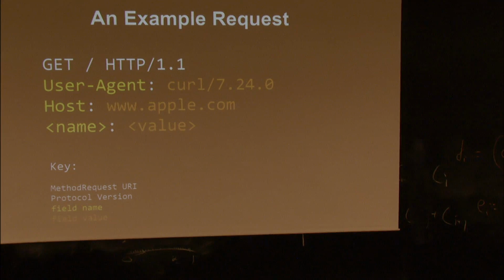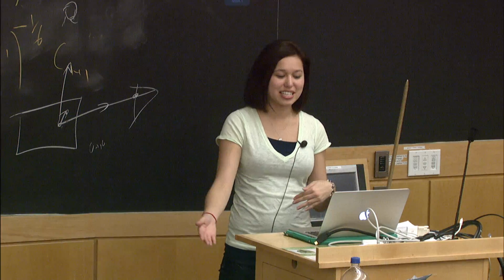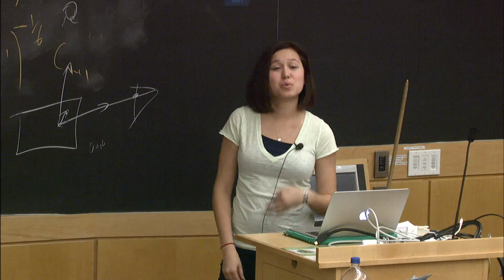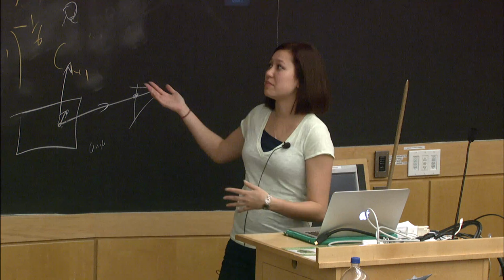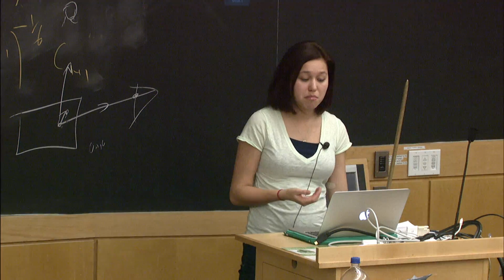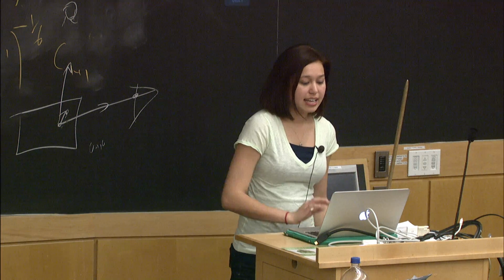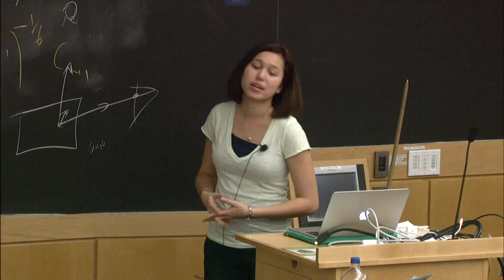So this is an example request. This is like me sending out, wanting to introduce myself. This is what the client, your web browser, would be sending to your server. So this is a GET request, so it's asking for something from the server. And it's, of course, HTTP, version 1.1.